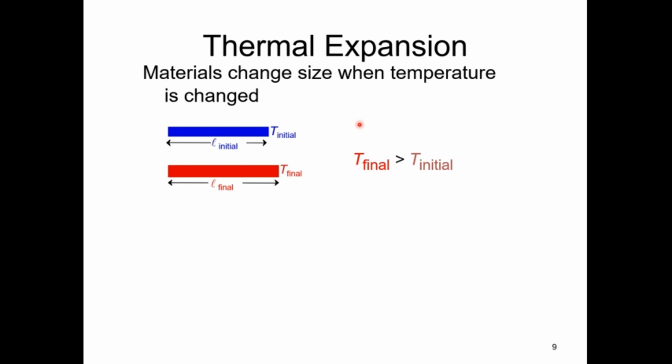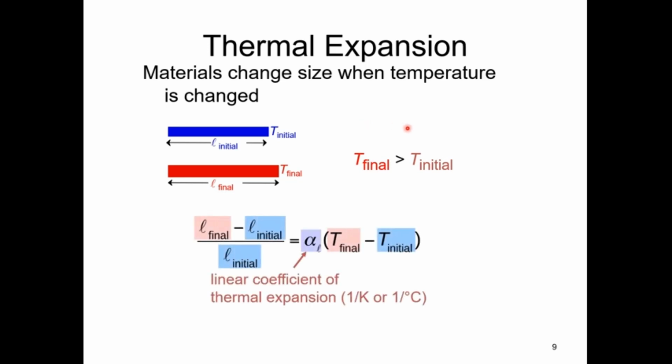The change in length with temperature for a solid material can be expressed by this equation: the change in length, final length minus initial length, divided by initial length, is equal to alpha L, which is the linear coefficient of thermal expansion, multiplied by the change in temperature, final temperature minus initial temperature.